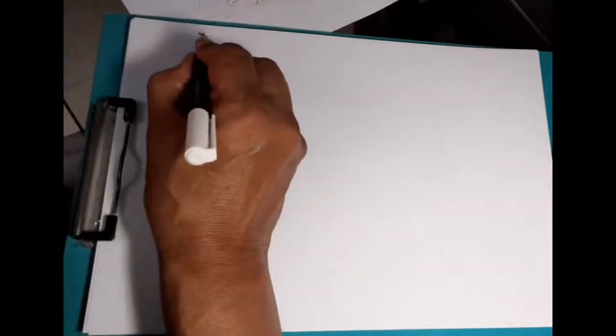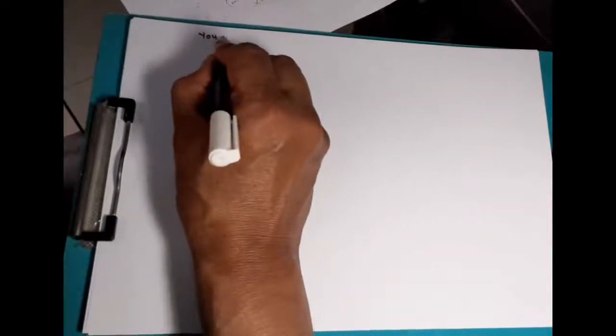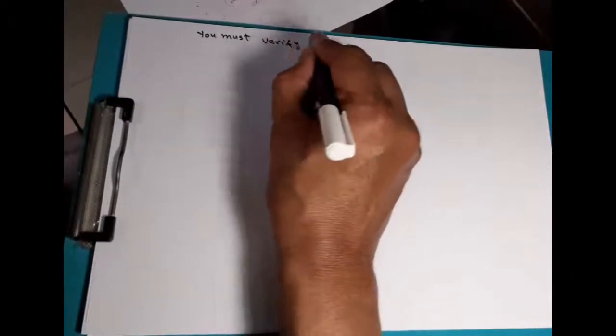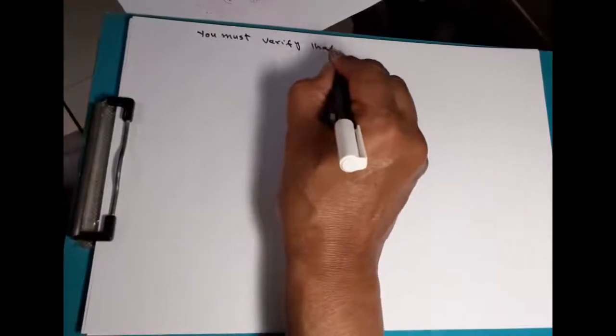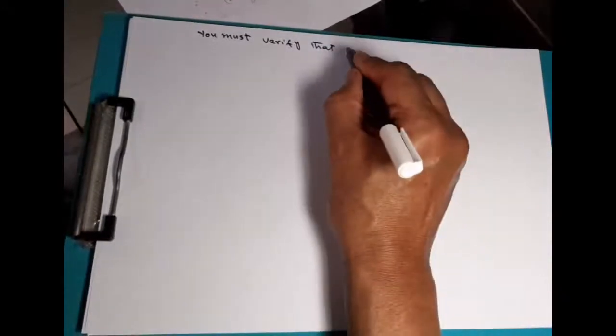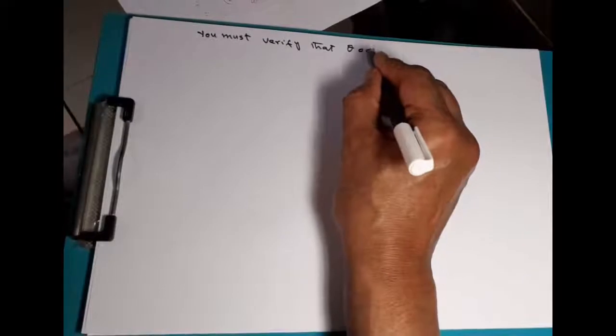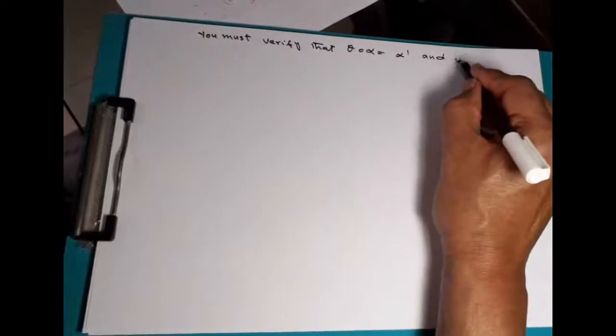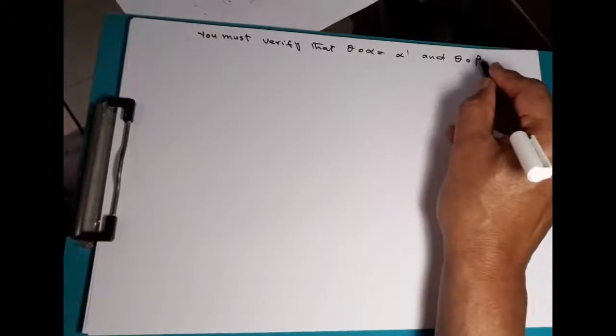So let me simply comment: you must verify that theta composed with alpha is equal to alpha dash, and theta composed with beta is equal to beta dash.